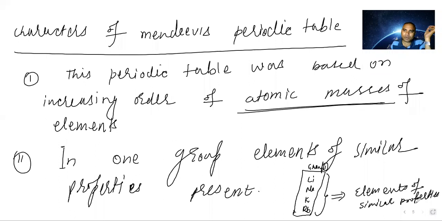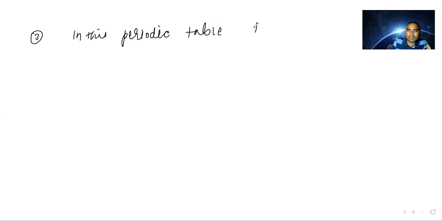Yes, sir. Okay. Now point number 3. In this periodic table, there are groups 1 to 8 and 0 group present.